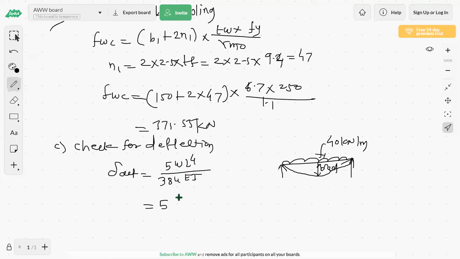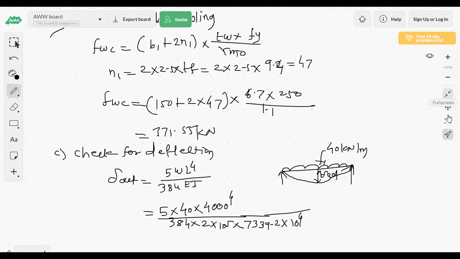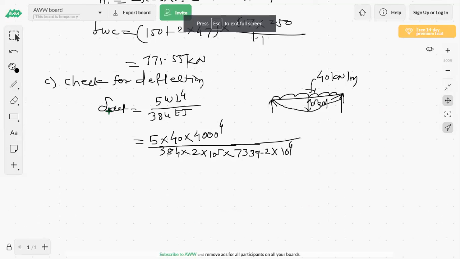So 5W is 40 into L, L is again 4000, raised to 4, divided by 384 into EI: 2 into 10 raised to 5 into I, the moment of inertia, 7332.9 into 10 raised to 4. So tell me the actual deflection in mm.